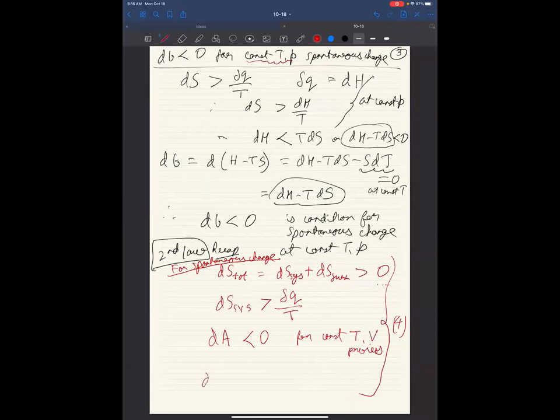And if you have a constant temperature and pressure process, then dg is negative. All these 4 are equivalent statements of the second law of thermodynamics. The last 2 are very nice because there is no surrounding, there is no path function. However, they are limited to certain specific types of processes. Any questions?